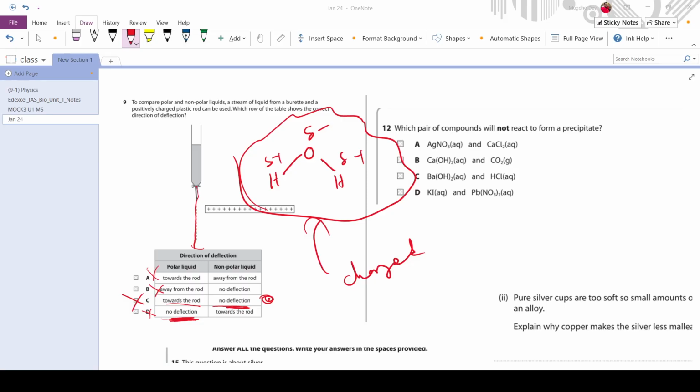We don't know that, do we? But what we do know is that it is charged, isn't it? Since it's charged, it contains positive and negative parts. So maybe the negatively charged part gets attracted towards the positively charged rod. Did you understand?